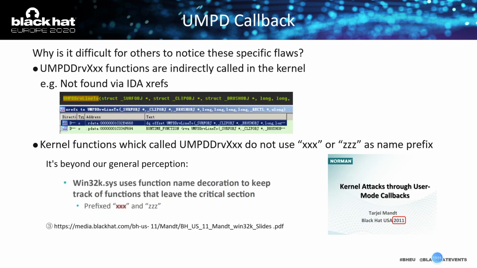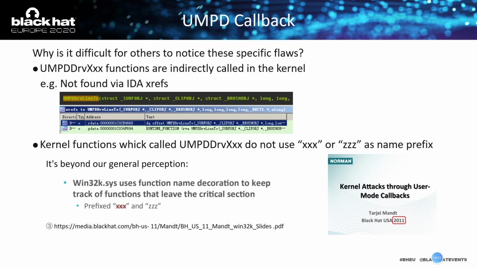It is difficult for others to notice these specific flaws. Why? I think there are three reasons. First, the UMPD driver functions are not referenced directly in the kernel's code, so it is not easy to find them.